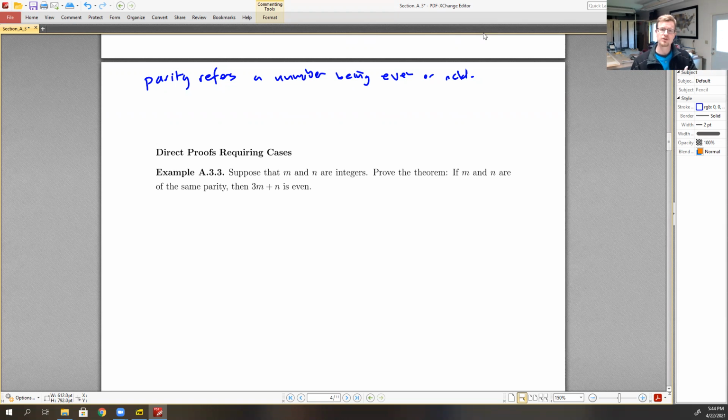And it's very difficult to consider these at once. We have representations for even and odd, so we can utilize those to show that 3m plus n is even. But to do that, we need to use those definitions for m and n themselves as well. And to do that, we have to look at when they're both even, and when they're both odd.